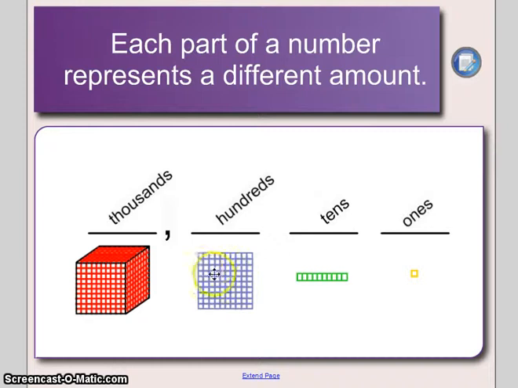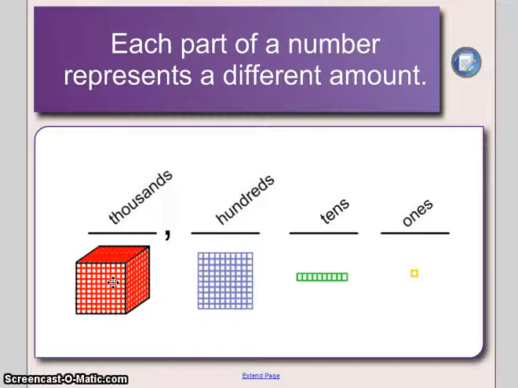For the hundreds, you have a flat, or 100 units. And for the thousands, you have a big cube, which is 10 flats, or 100 longs, or 1,000 ones.